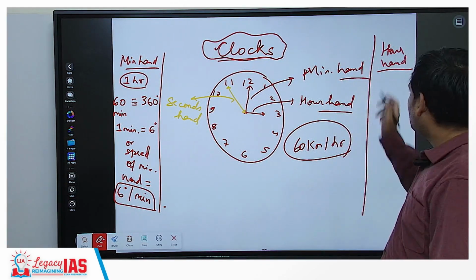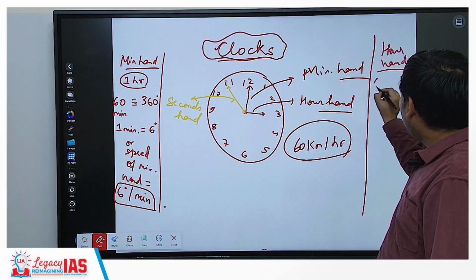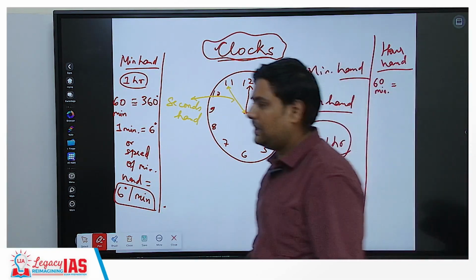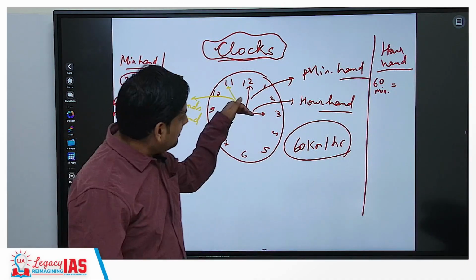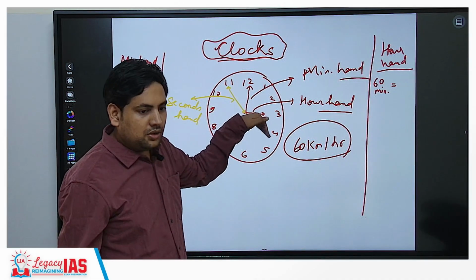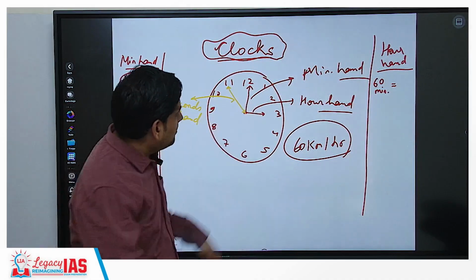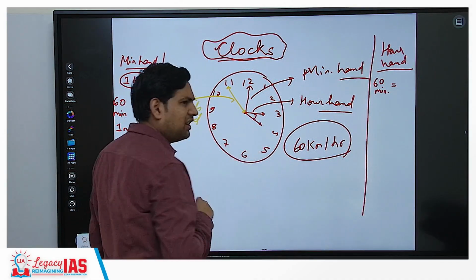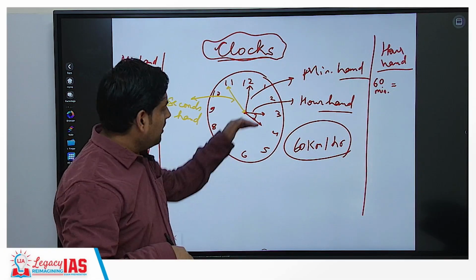In 1 hour or 60 minutes, how much does the hour hand move? Now, see, from 3 to 4, after 1 hour, it will move from 3 to 4, correct? From 3 p.m. to 4 p.m. So, how many degrees is this?